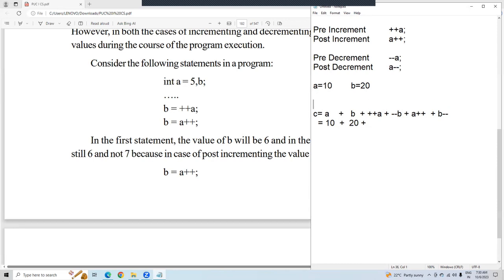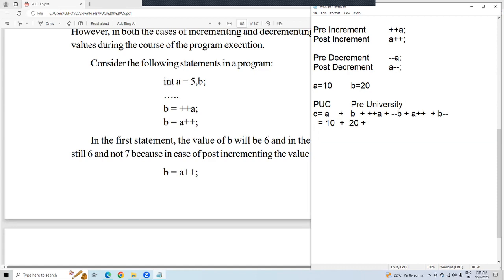See, your course name, PUC, stands for what? Pre-university. Right. PU stands for pre-university. That means PUC is a course which has to be done before you start learning anything in the university.